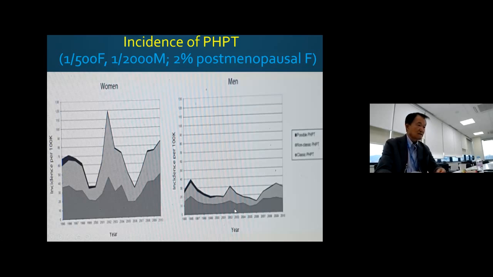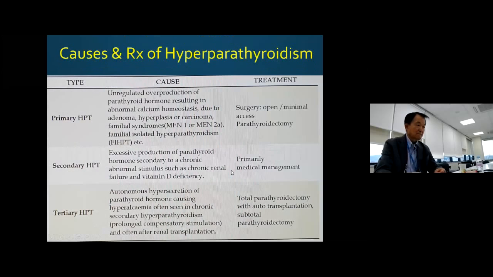So there's a lot of incidental detection of primary hyperparathyroidism, particularly as you see here, 2% of all menopausal ladies seem to have this problem.